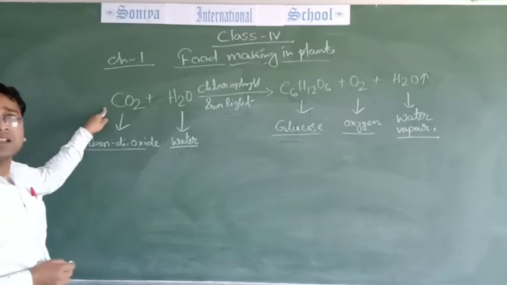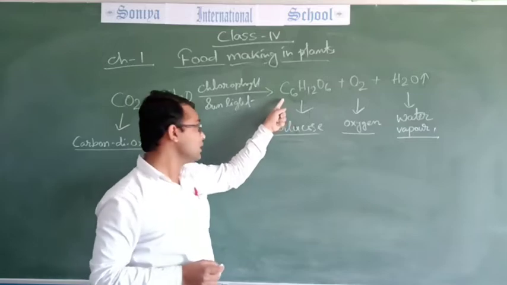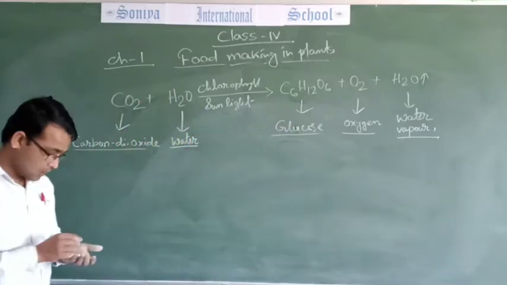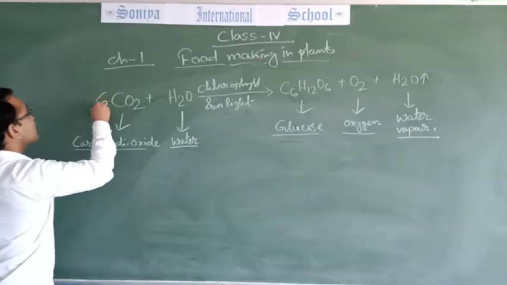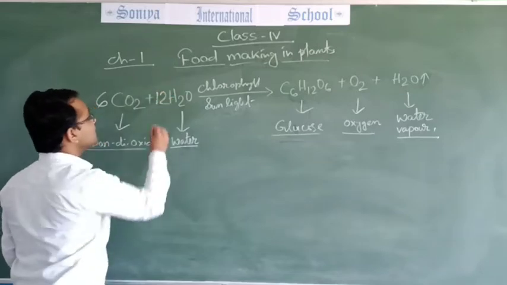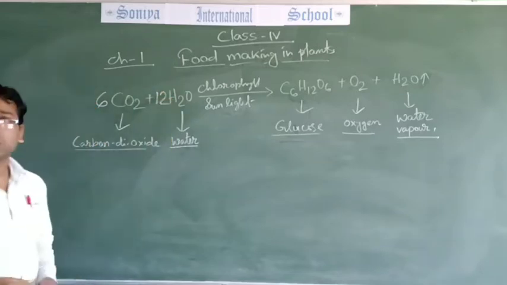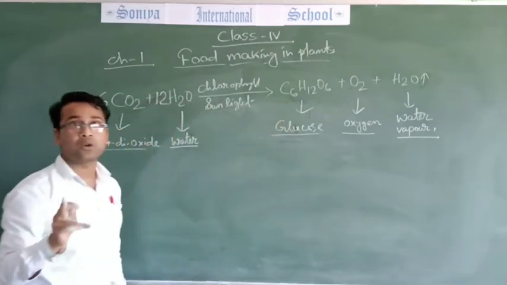What quantity is needed for 1 gram or 1 unit of glucose? 6 units of carbon dioxide and 12 units of water for 1 unit of glucose.